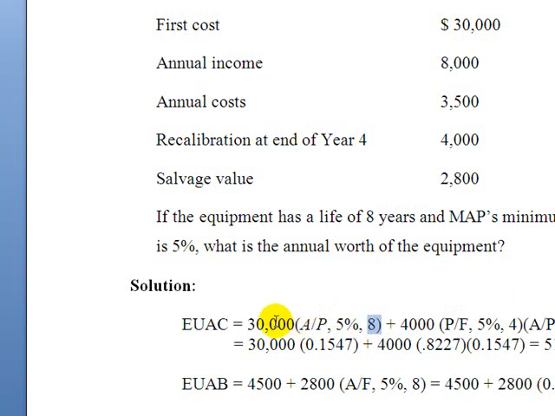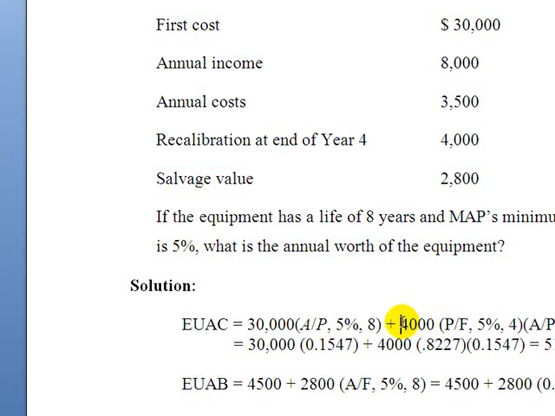So that is first. Now what are the other costs? Let's see, 4,000. 4,000 is basically the recalibration cost at the end of year 4, right? So that 4,000 is an F value, and we need to find its equivalent annual cash flow for 8 years, right?